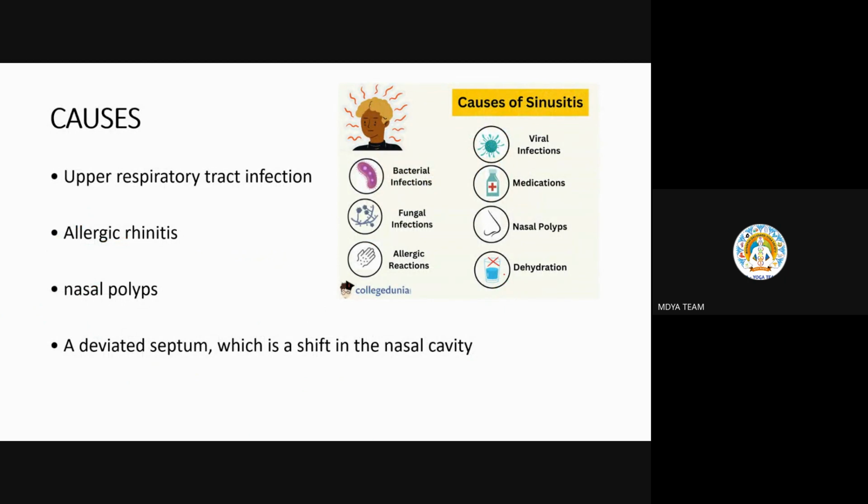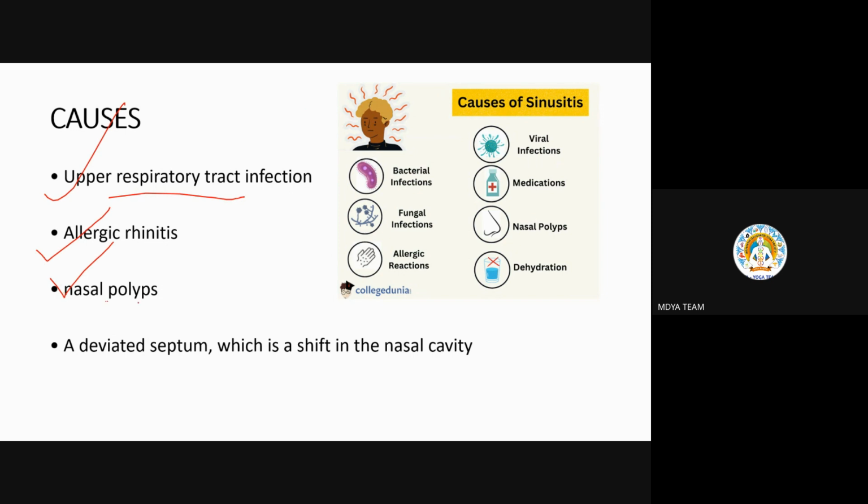Now the causes. Upper respiratory tract infection can cause it; we just saw yesterday what the upper respiratory tract is. Allergic rhinitis can also lead to it, because in allergic rhinitis there is inflammation due to the presence of allergens.